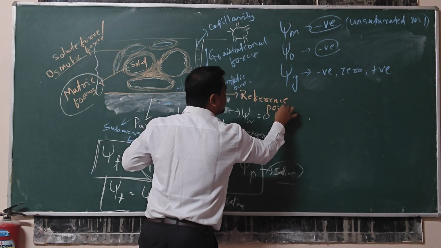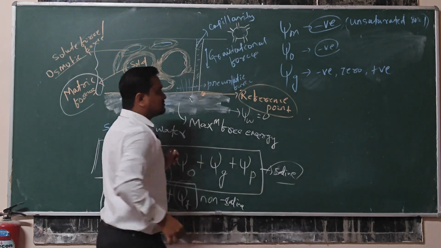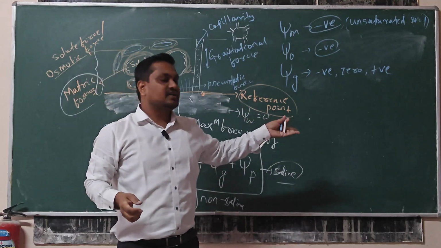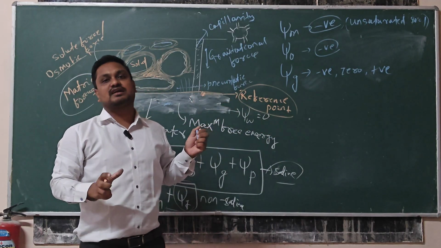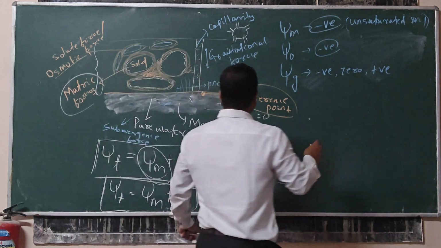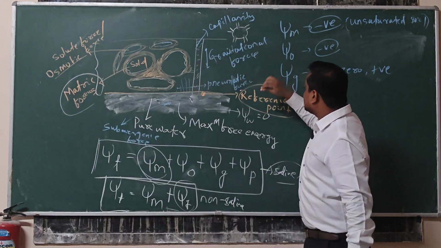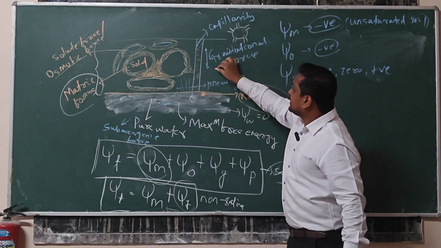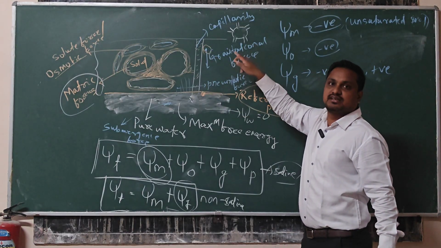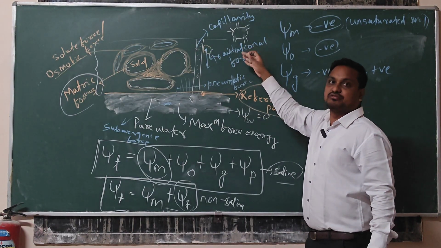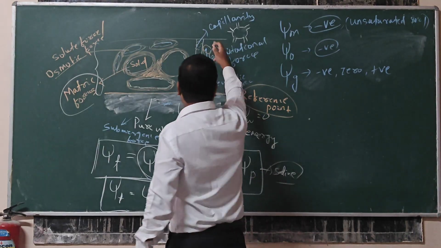So how is this reference point chosen? Actually, it is chosen normally where the water potential is zero or the free energy of water is maximum. So if we are taking the gravitational potential above, as I have taken here, you can say it is a positive value, from reference to above.